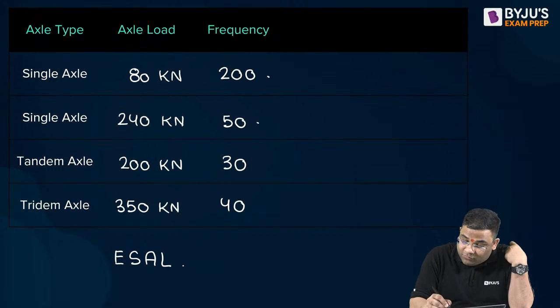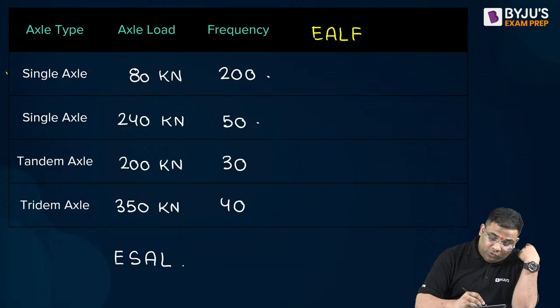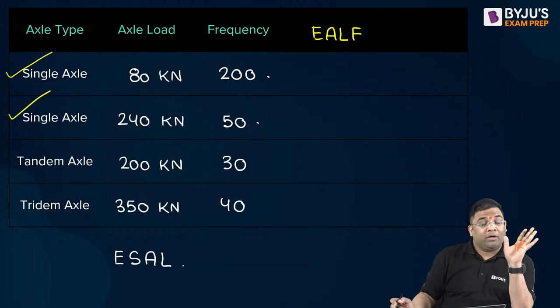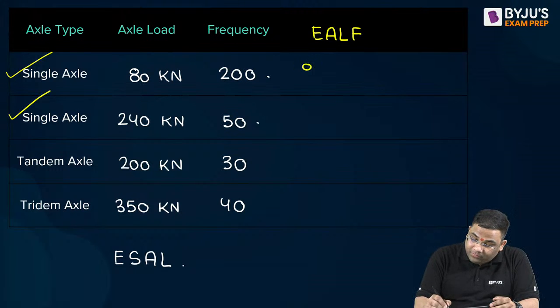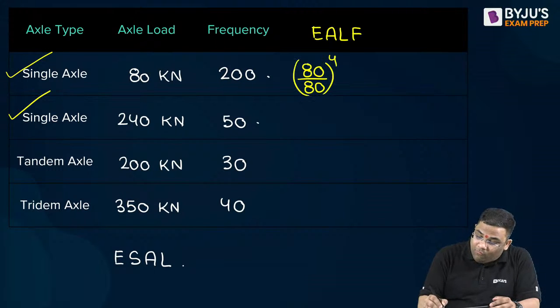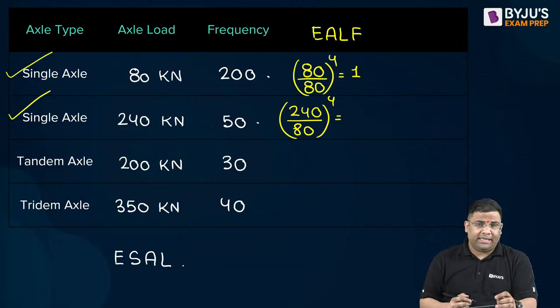You first find the EALF, the factors. Both of the first two are single axles, so I'll assume the standard axle load as 80. So 80 by 80 to the power 4 gives me 1. The second one will be 240 by 80 to the power 4, that is 3 to the power 4, which is 81.